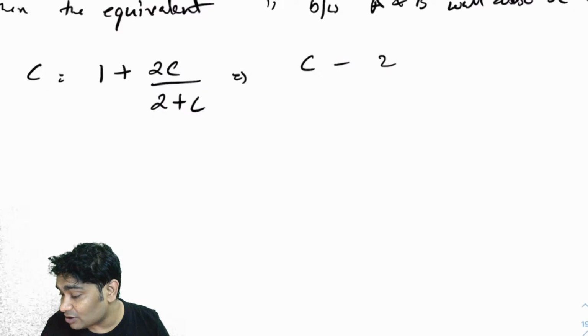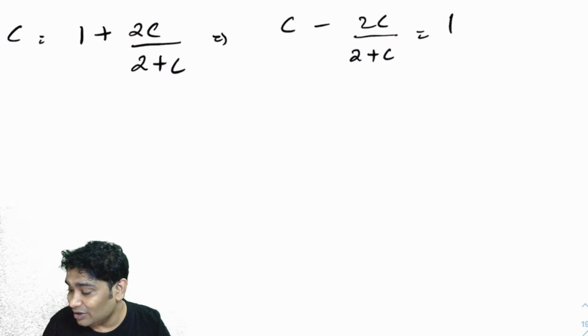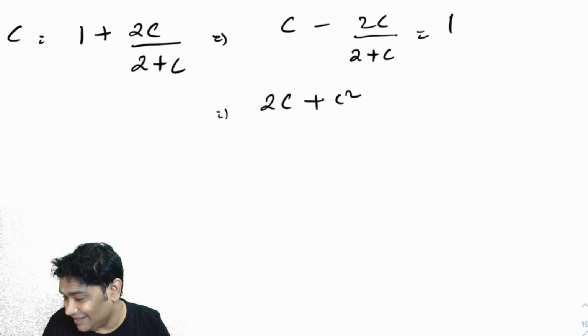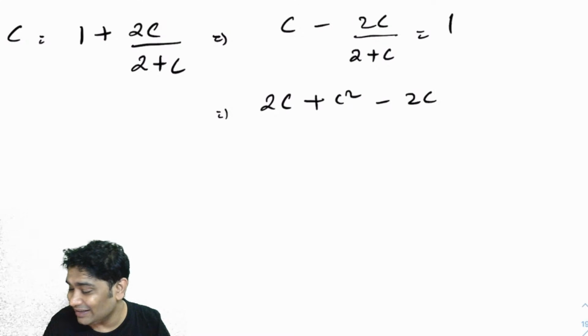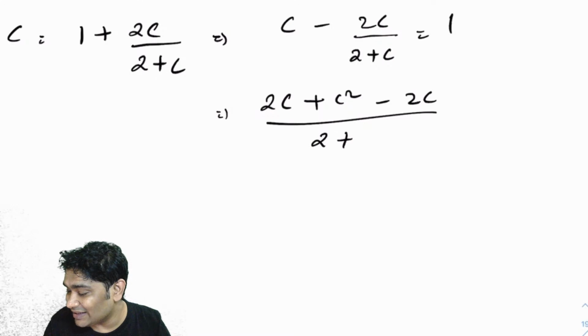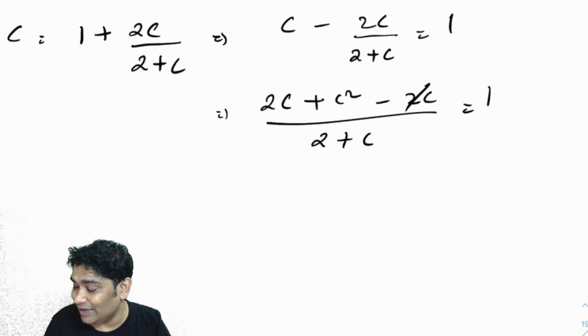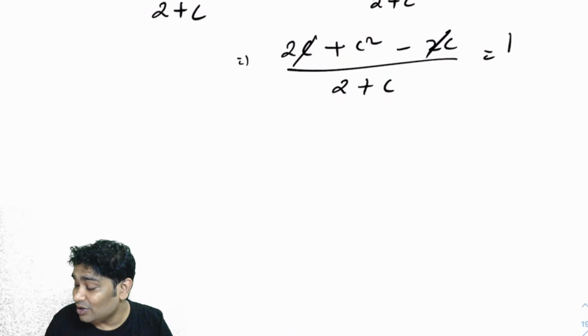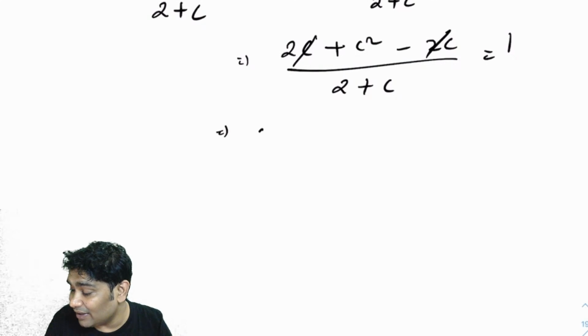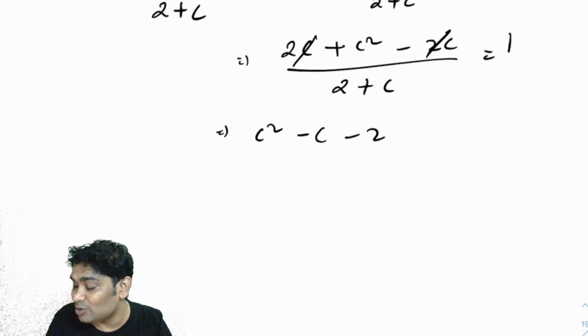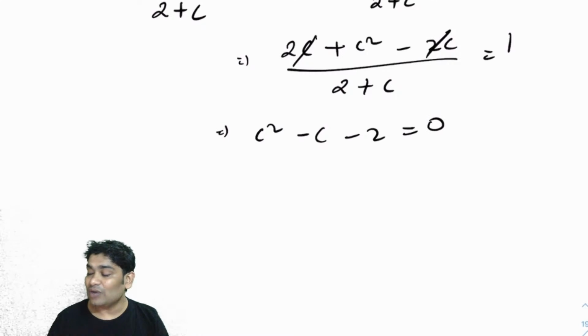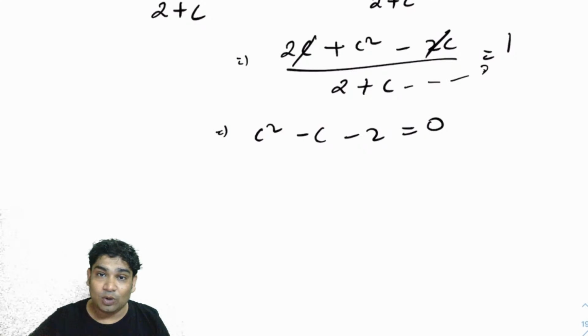So C minus 2C over 2 plus C equals 1. So I am getting 2C plus C square minus 2C equals 2 plus C. So yeah, this is getting cancelled. What I am getting is C square minus C minus 2 equals 0. I cross multiplied this, and then I took all the terms on one side.